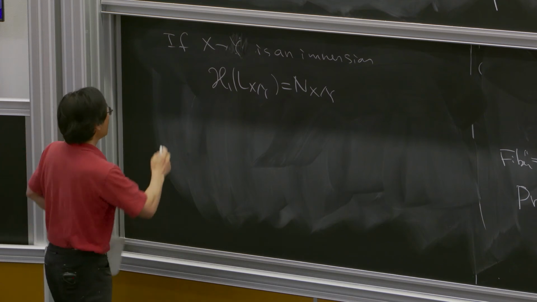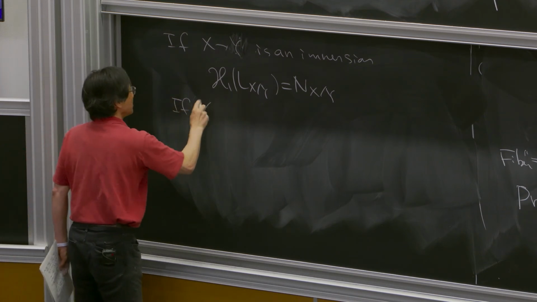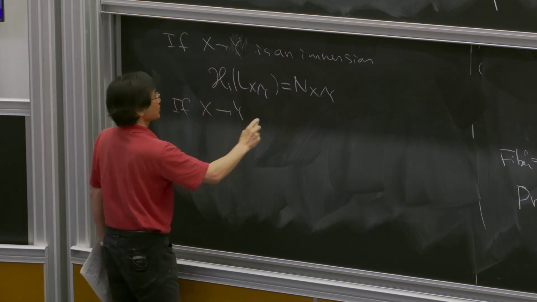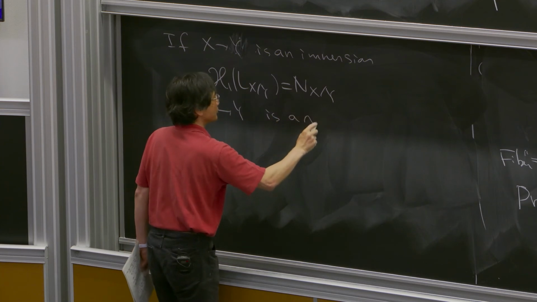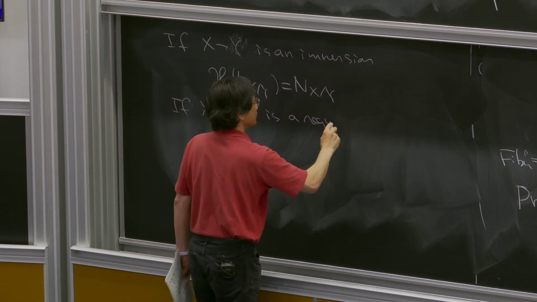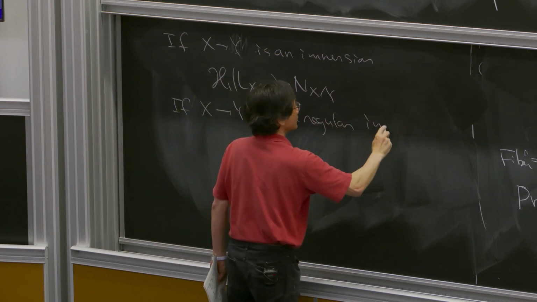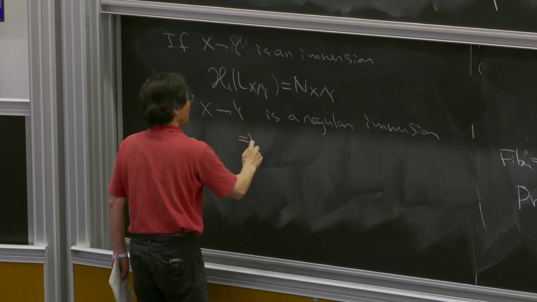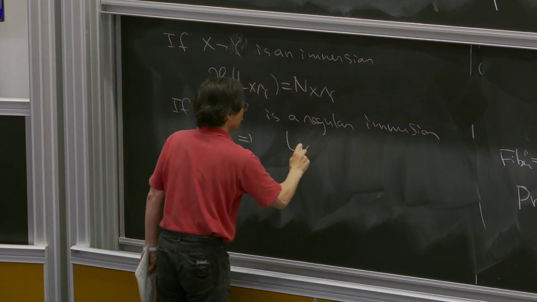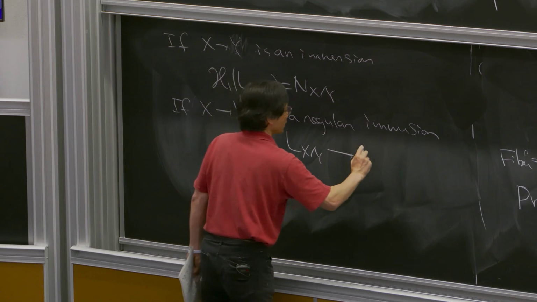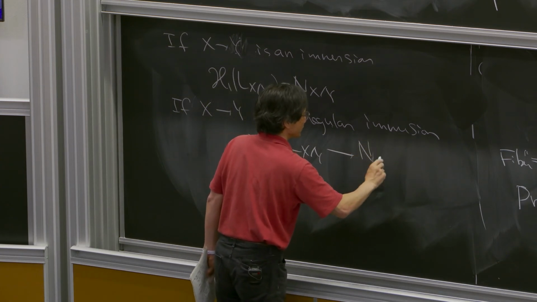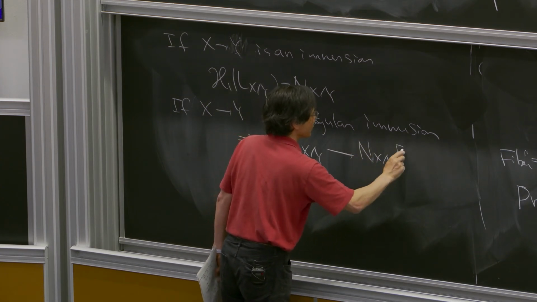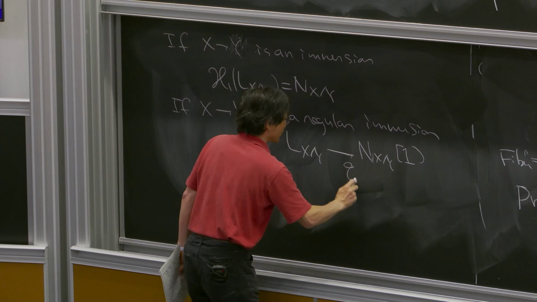And similarly, if this immersion is a regular immersion, then this map is a quasi-isomorphism.